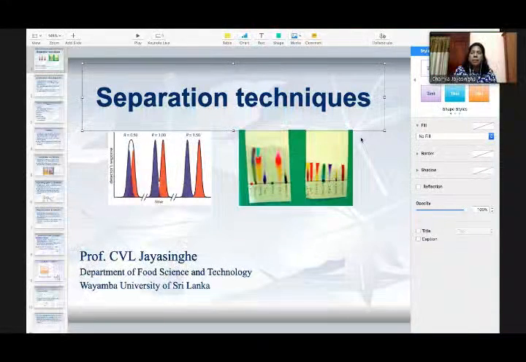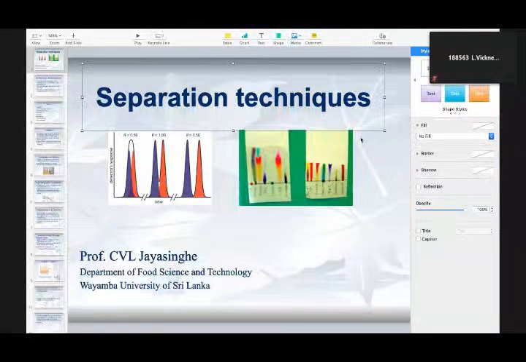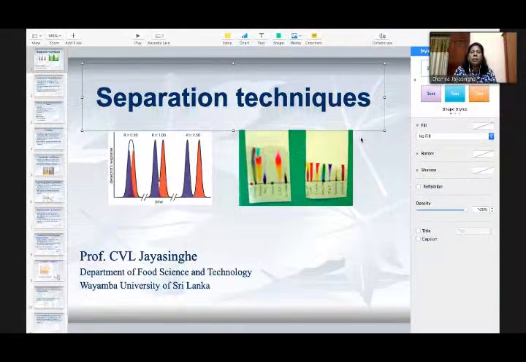At the first point, if there are a lot of lipids available, then it won't be good for analyzing the protein. The lipid is interfering in protein analysis. We call it interfering: lipid interferes in protein analysis.